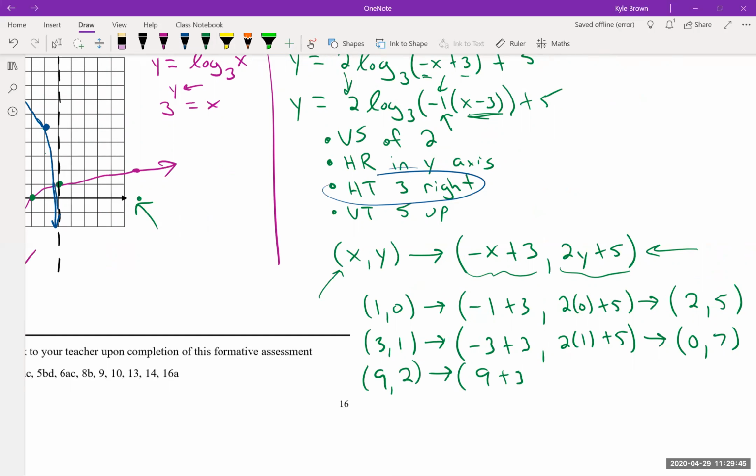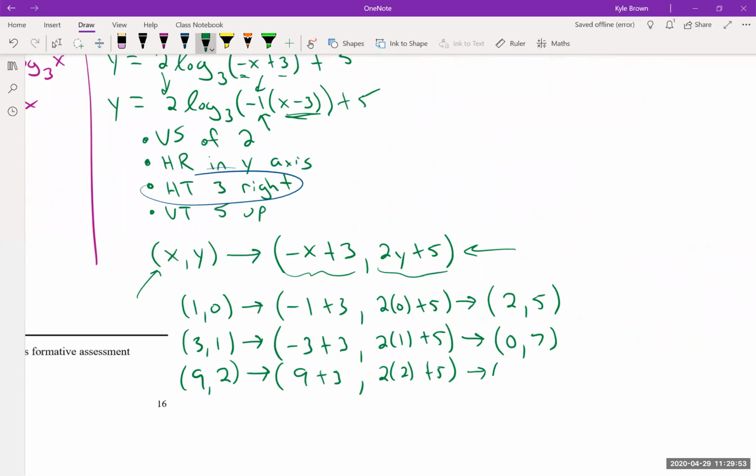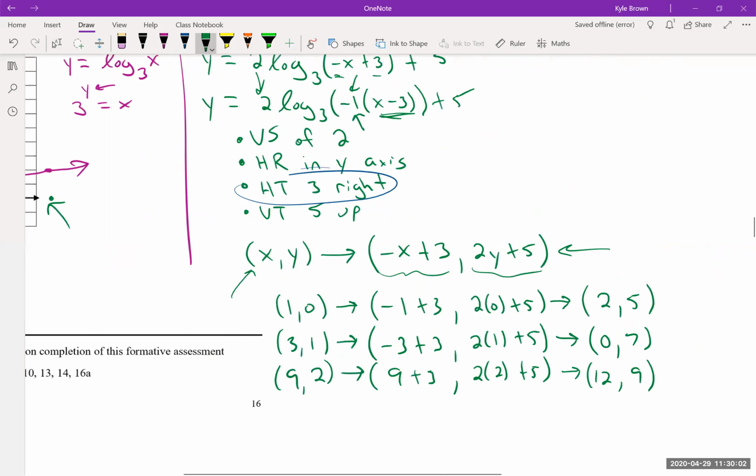Comma, and then the 2 would be 2 times 2 plus 5. So this would all turn into 12, comma, and then 2 times 2 is 4, so 9. So 12 comma 9.